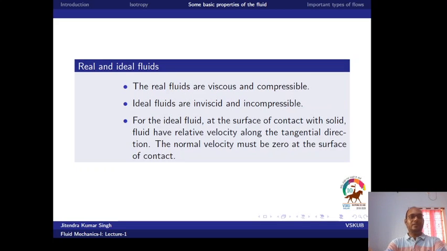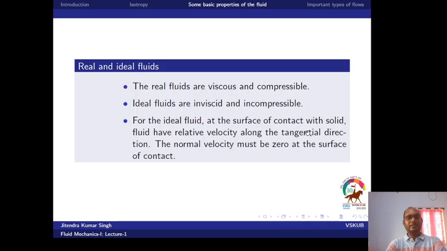Now we shall discuss real and ideal fluids. Real fluids are viscous and compressible, while ideal fluids are inviscid and incompressible. So for an ideal fluid, at the surface of contact with the solid, the fluid has relative velocity along the tangential direction. The normal velocity must be zero at the surface of contact.